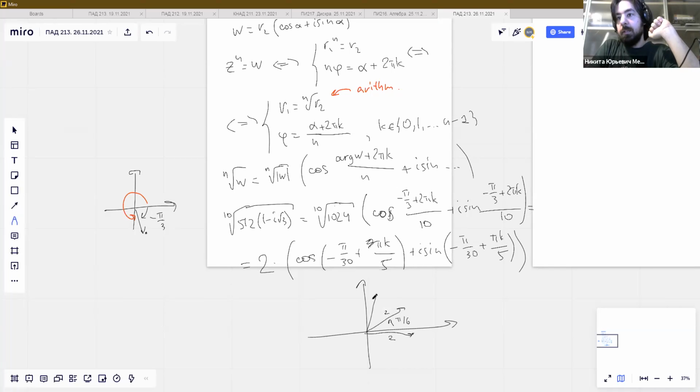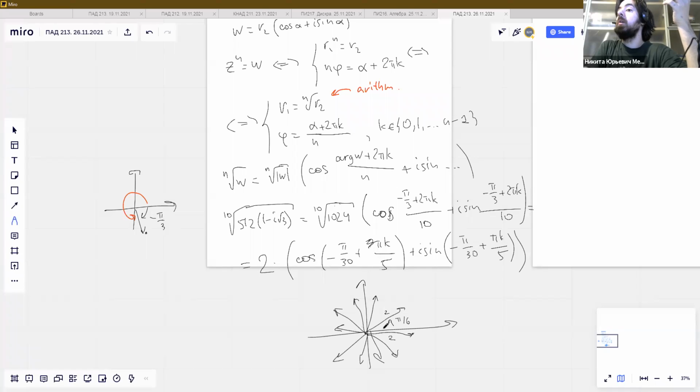The next one has again some random angle, 11 pi over 30 or something. The next one, etc. So they look kind of like this. All of them have length 2. And all those angles between the previous and the next are pi over 5.